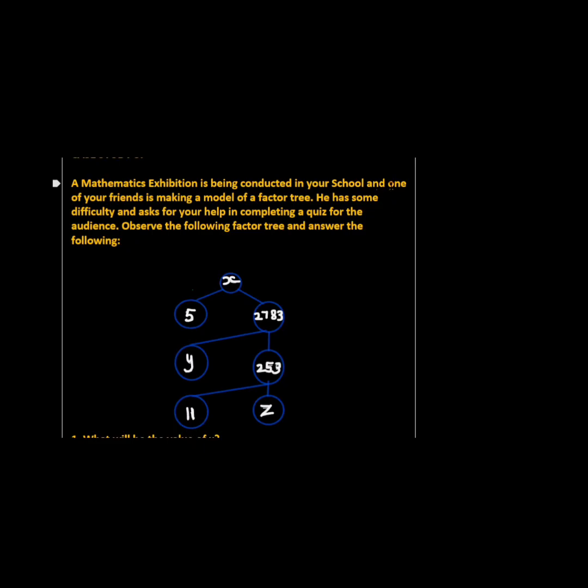Next question, case 3. A mathematical exhibition is being conducted in your school and one of your friends is making a model of a factor tree. He has some difficulty and asks for your help in completing a quiz for the audience.